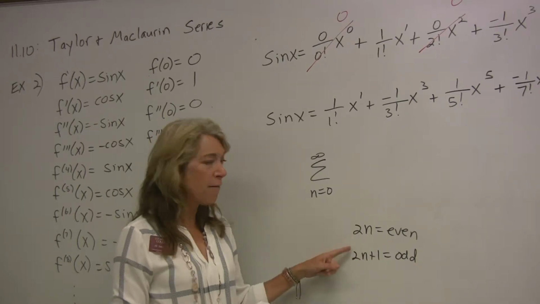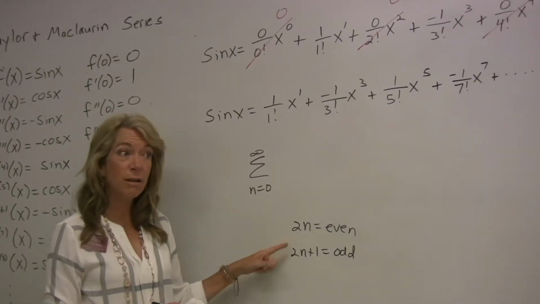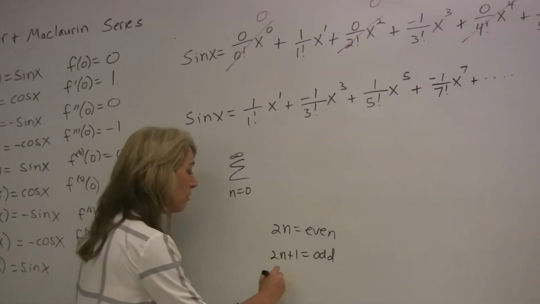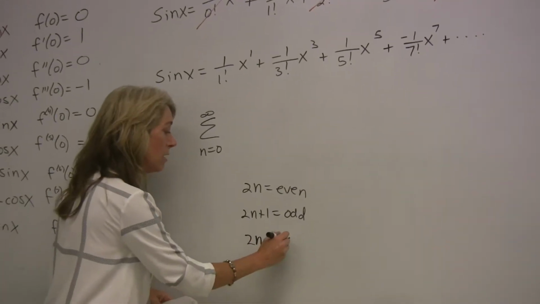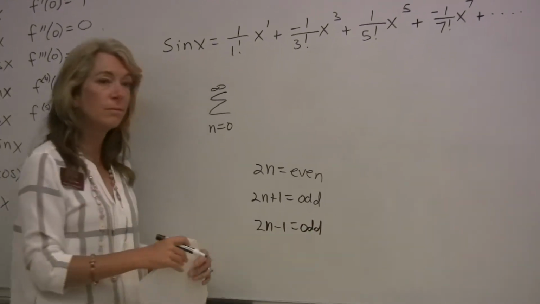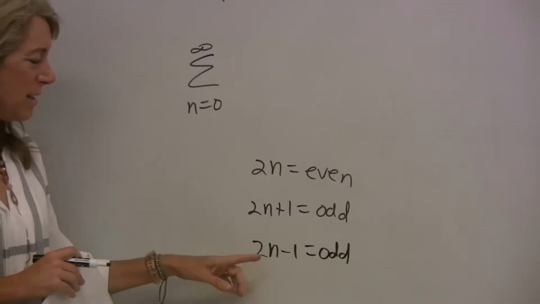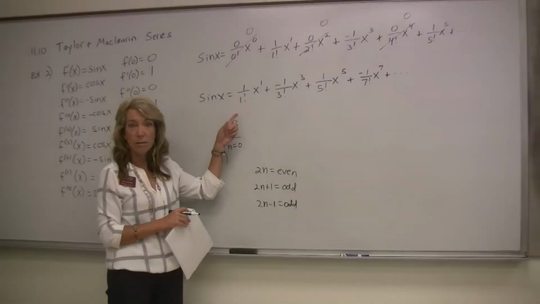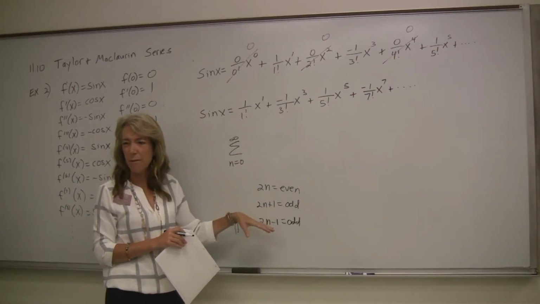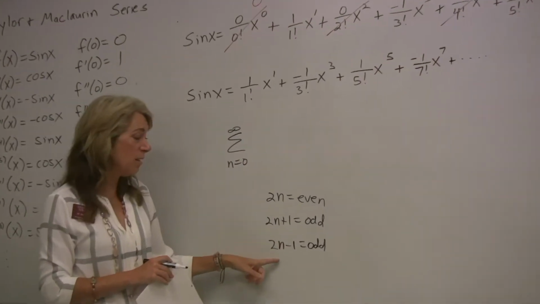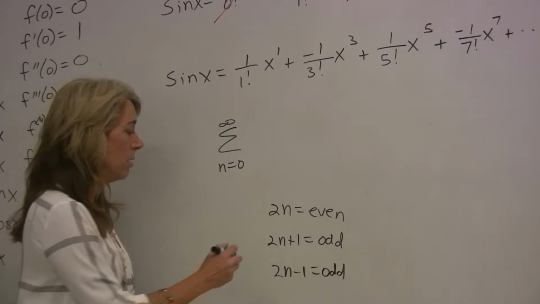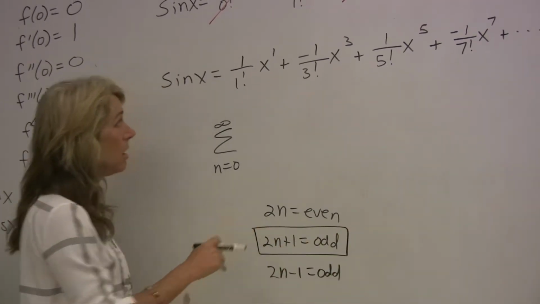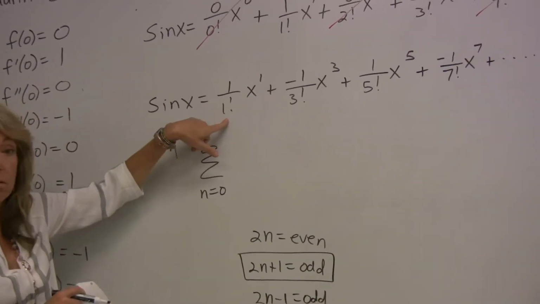So very often we're going to use these expressions for things that are even or odd. You also could have done this. This also would have been odd. The problem with this is if I start at 0, I won't get 1, I'll get negative 1. So you kind of have to play around with it to make it match your series, but this sometimes works. But we all agree that this gives me each of the terms that I want.